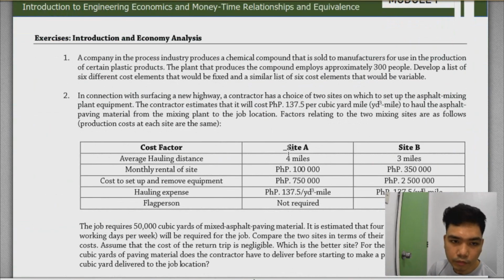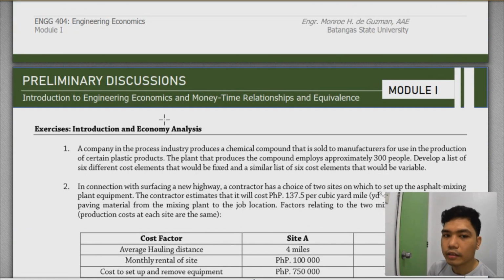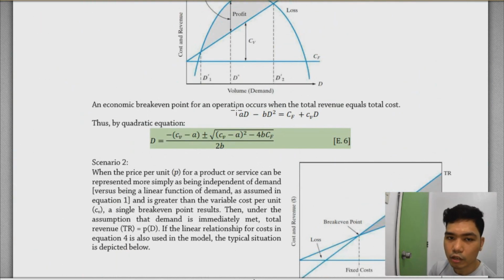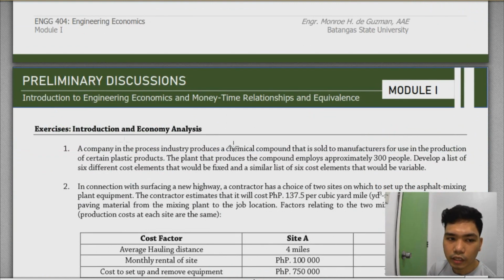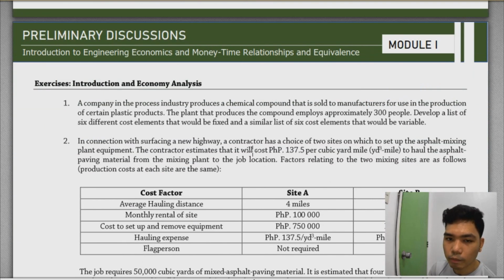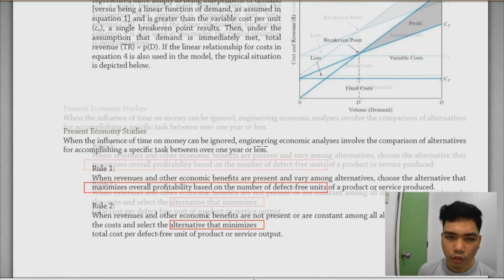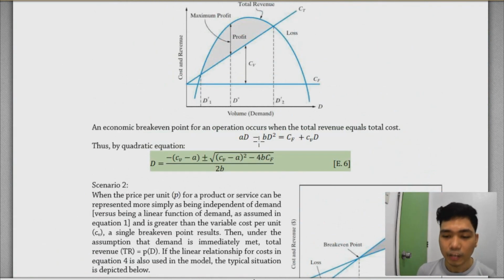Okay. So with that being said, I think that's the end of our discussion regarding these concepts of engineering economics. And I think I'll be leaving these exercises for the next video para mas focus yung ating next video for problem solving only. So I hope na mas na-gets nyo siya yung mga concepts natin. Though hindi talaga siya naintindihan ng ganun kabilis pag just discussion about this.